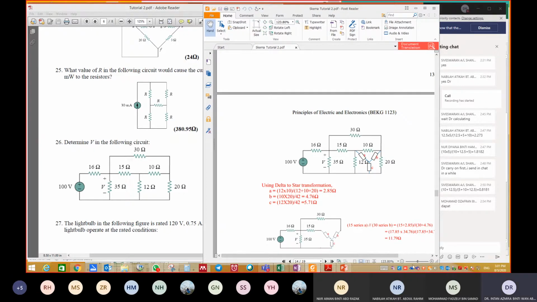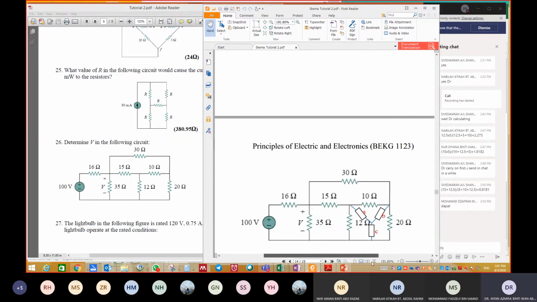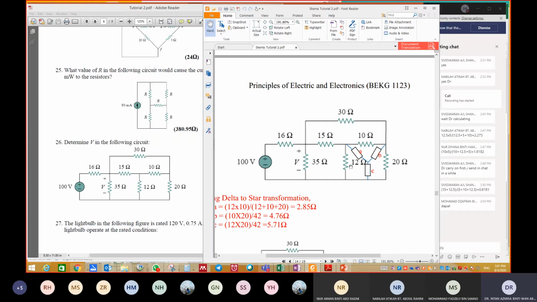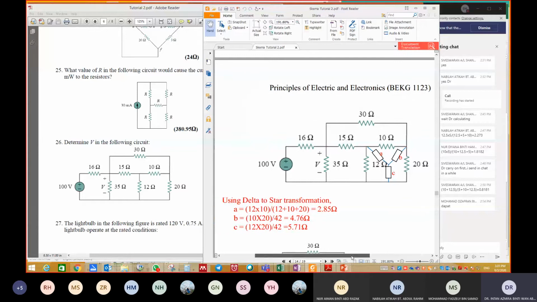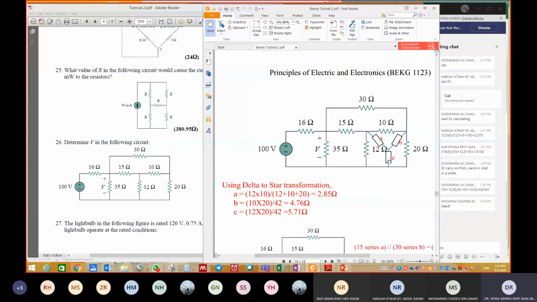Let's say we convert this 10, 12, and 20 to Y connection, and let's say we name it R_A here, R_B, and R_C here.